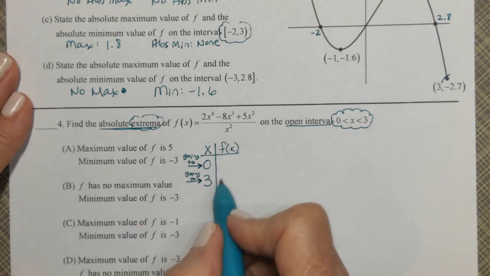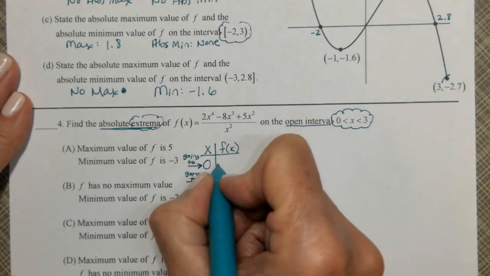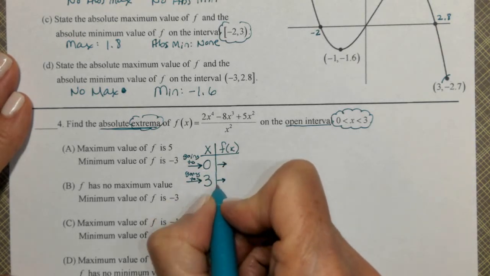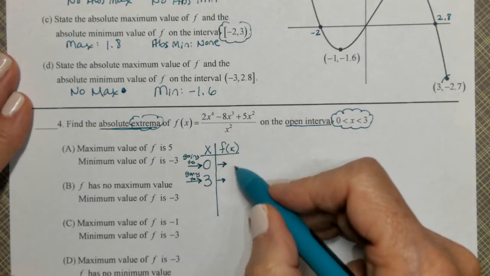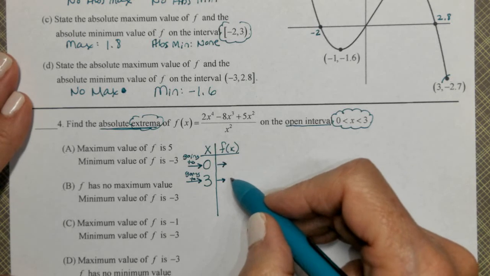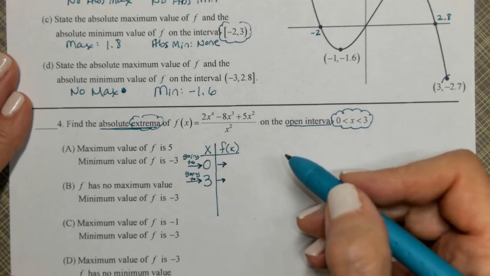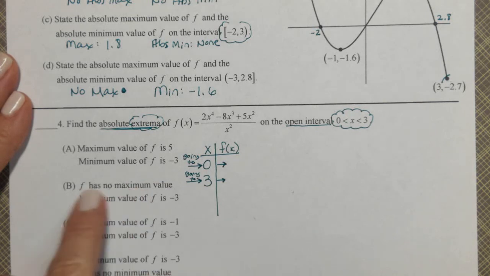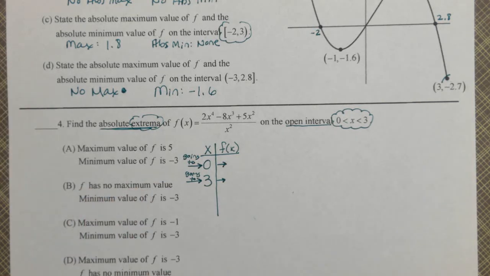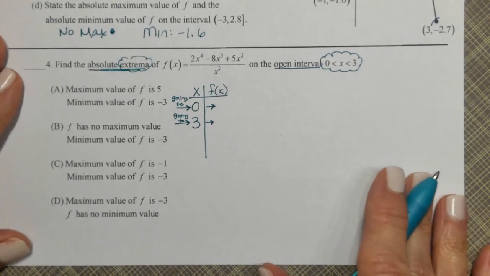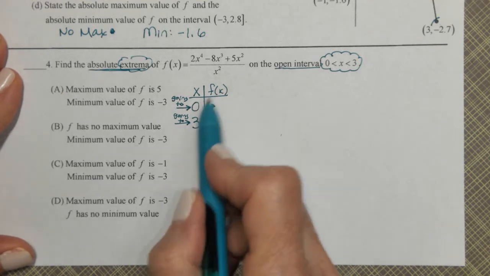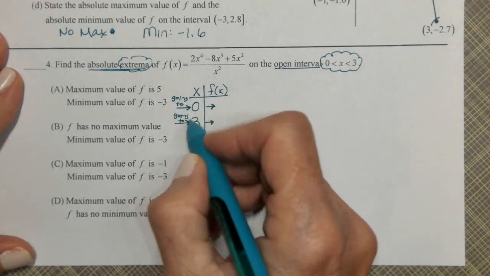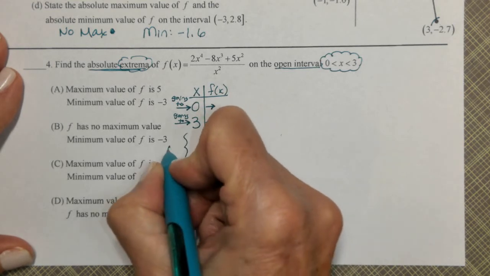That means whatever f value is here, we will only be going to it. Never will reach it. So if one of these is our absolute max or min, then we will say that there is none there. And look at some of the choices. There are some choices that say f has no max and no min. So we'll have to keep that in mind. Those are our boundaries, but I'm also going to put on any critical numbers.